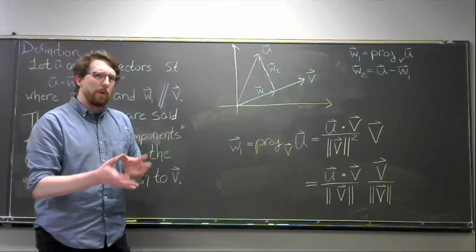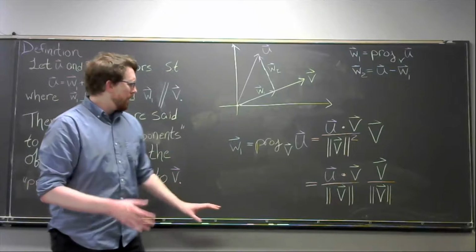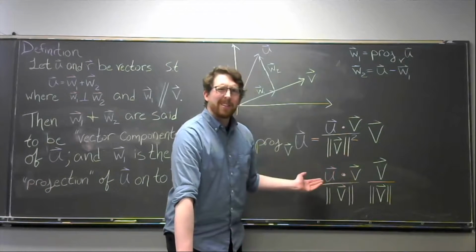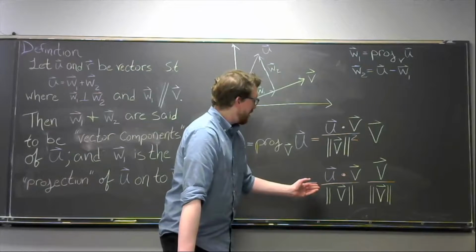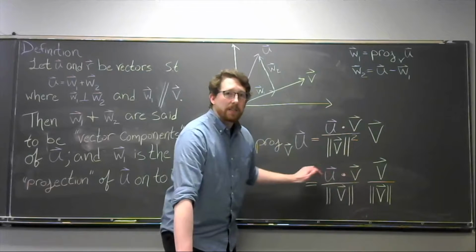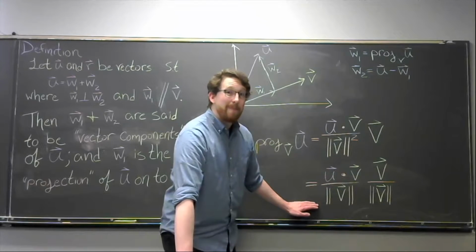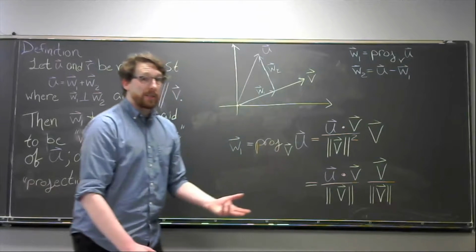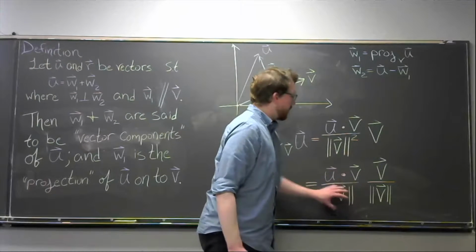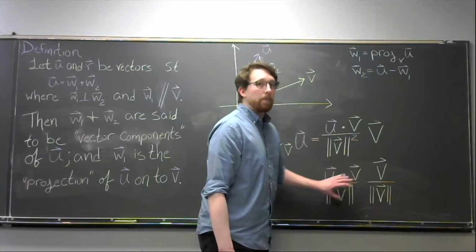Okay, we're multiplying it by something. If we look, isn't this something just a scalar? It is, right? Because we've got u dot v, that's a scalar, divided by the magnitude of v, that's also a scalar. So this thing is a scaling factor.